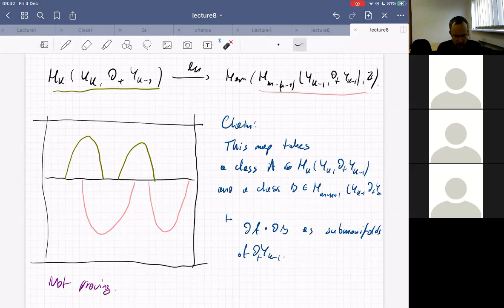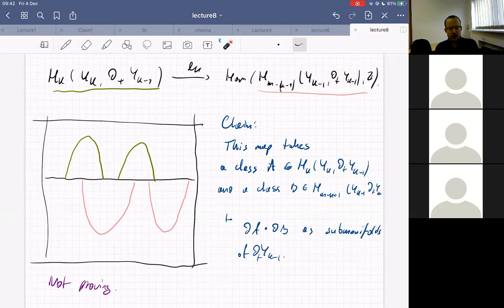How can you try to prove it? Well, you have to go deeper into the definition of the intersection index. So for example, you show that this map can be composed with a map, factored through Hk of d plus of Y_(k−1). So factor it through H_(m−k−1) to this, which you can do.